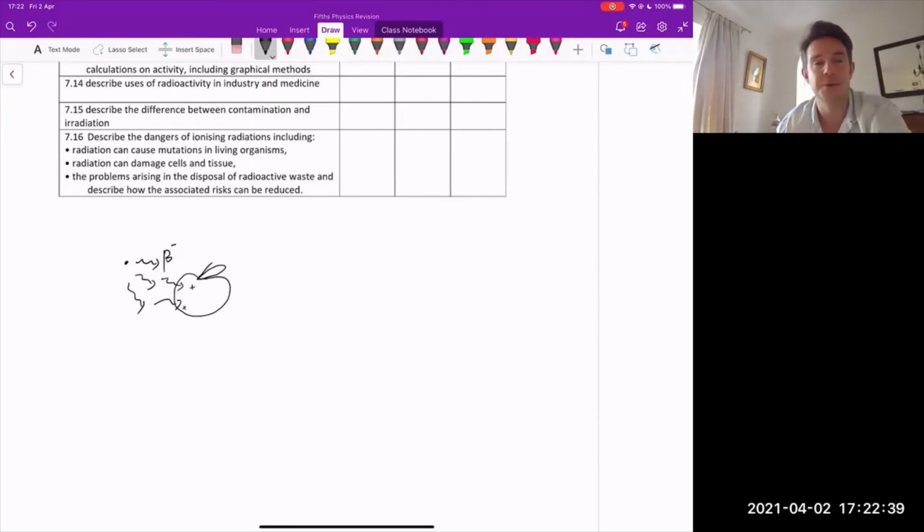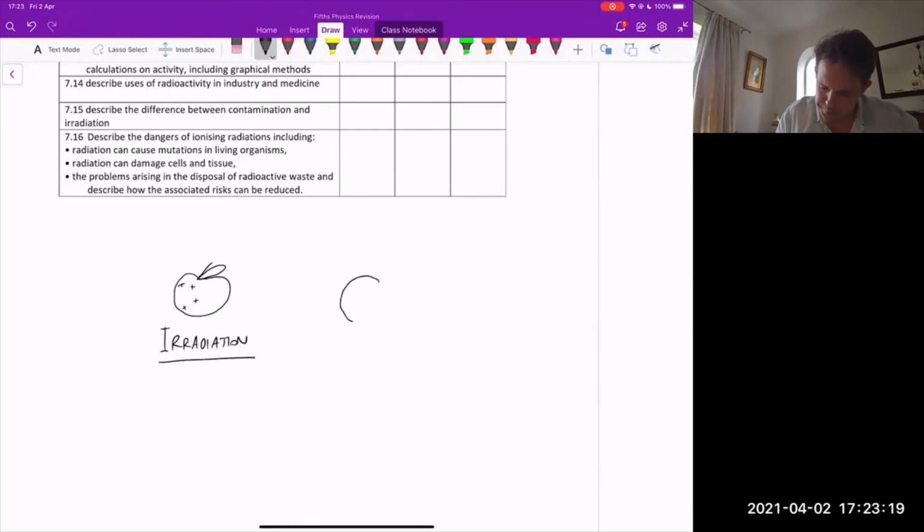Because the beta particles would cause ionization. So then if you took the beta particle source away, what you'd be left with is an apple with some ions inside it. You would say that that apple has been irradiated because it's had radiation incident on it, which might have caused some ionization, but none of the apple is actually radioactive itself. So none of the atoms within the apple are radioactive. The apple is not emitting alpha, beta, or gamma, but it has been irradiated.